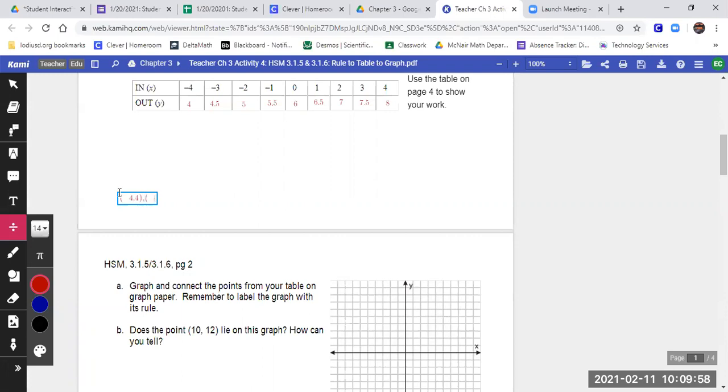What's the next one going to be? -3 with what? What's the -3 with?